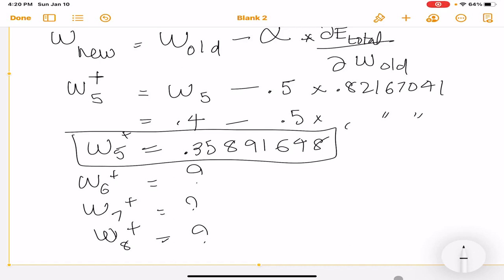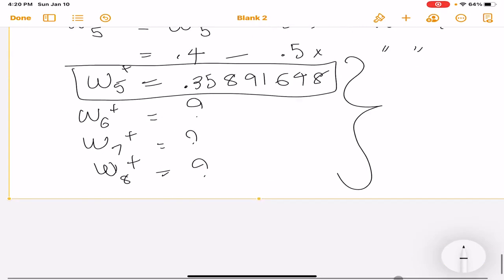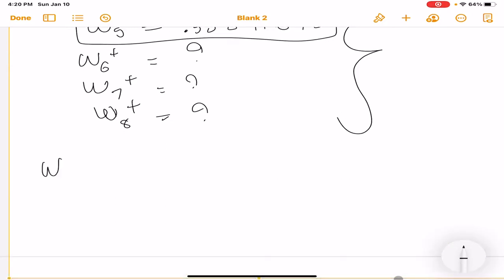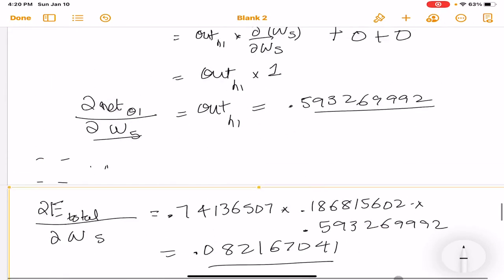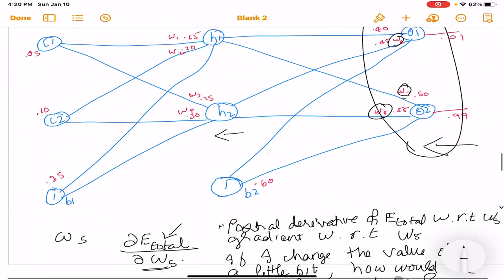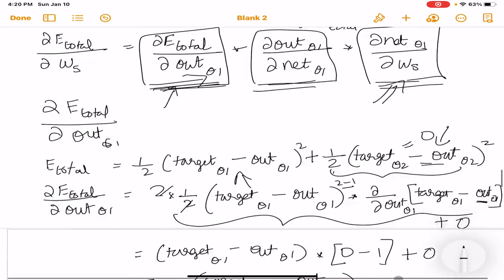Now once we have figured out these values which affect the output layer, we need to again do the same process for the weights in the hidden layer. So if we go back to our network, the hidden layer weights are W1, W2, W3 and W4.